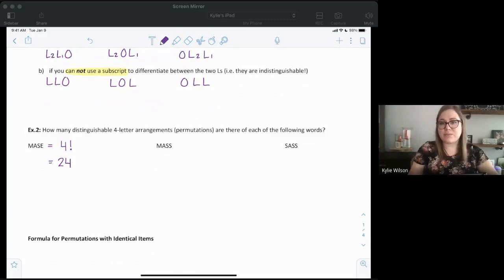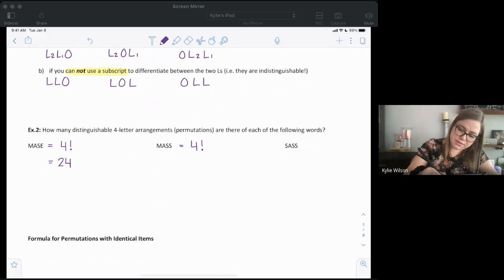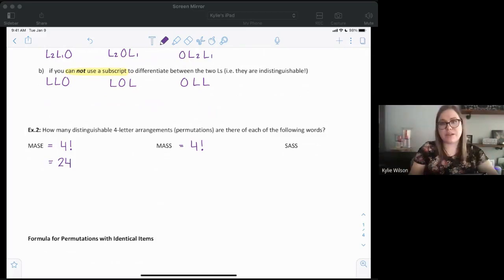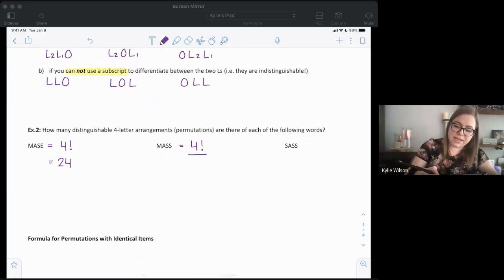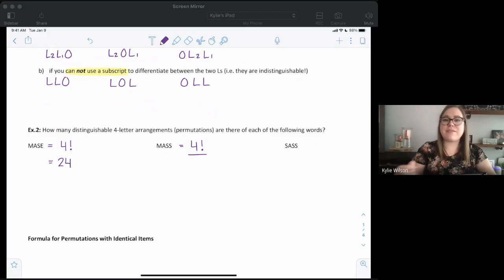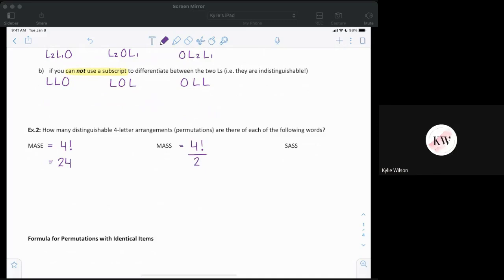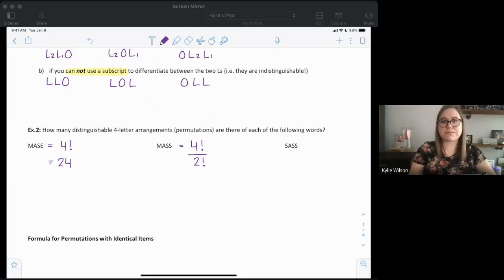Now for our next one, we have mass. In this case, I have 4 letters still, so I put that 4 there, but I have that S that occurs twice. To address that, I need to divide by 2 factorial.